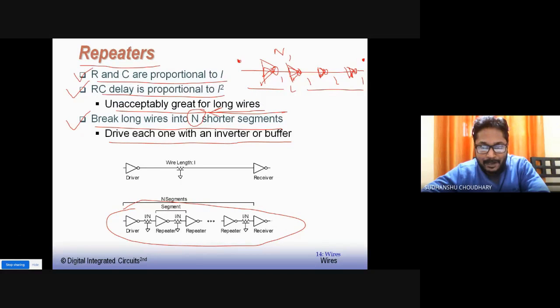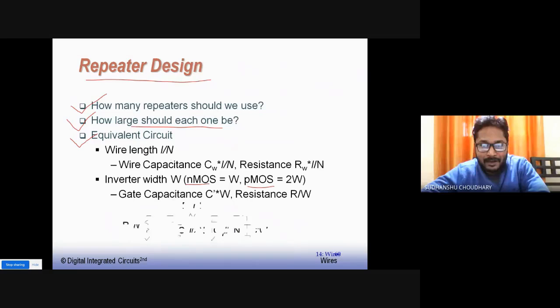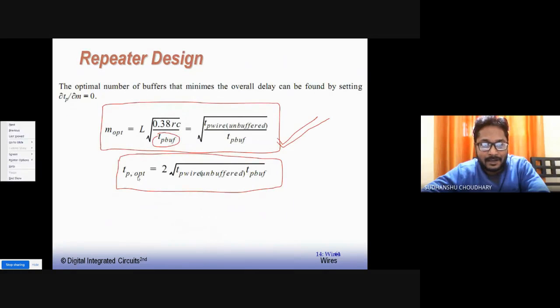So what would be the optimum delay at maybe this point? That can also be calculated, tau d, let's say. This can be calculated again using this relation, and how to arrive at this equation is again a part of this course. We'll study it later.